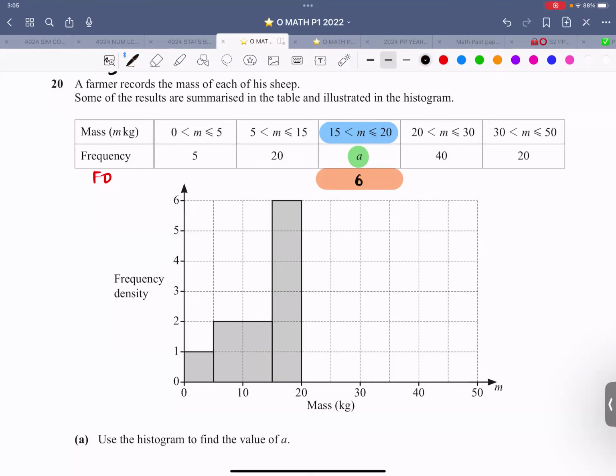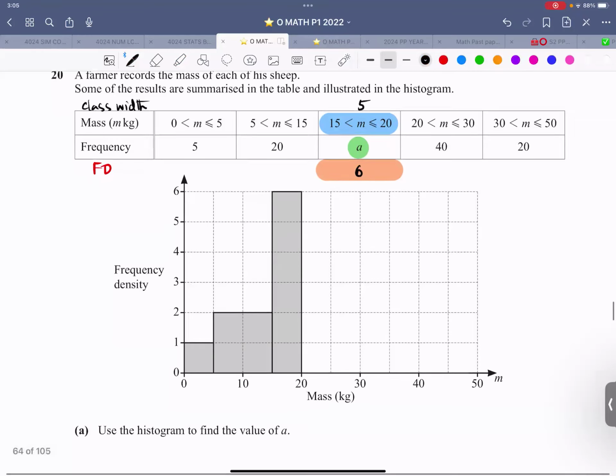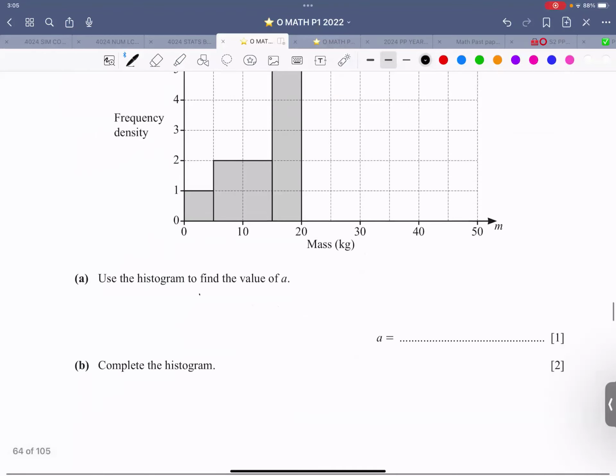And the class width, let me write over here, class width, that is 5. So now we know that frequency density is frequency over class width. So basically 6 equals A over 5. A is the class frequency, that comes out to be 30. So therefore this is 30.